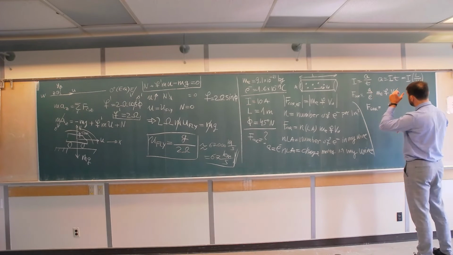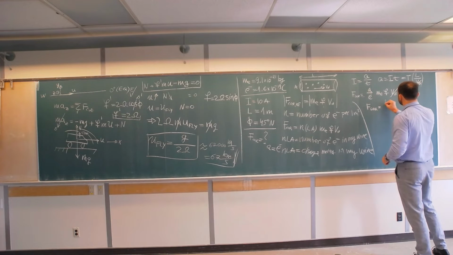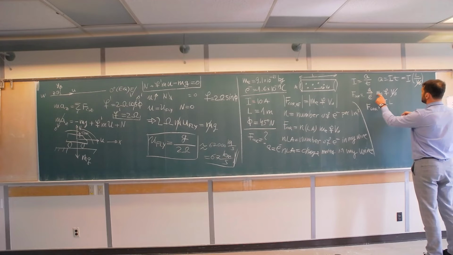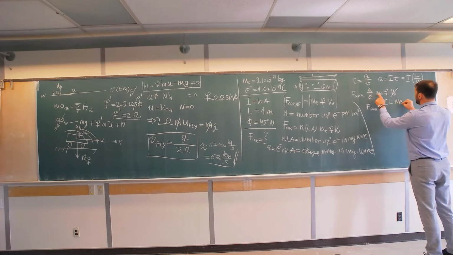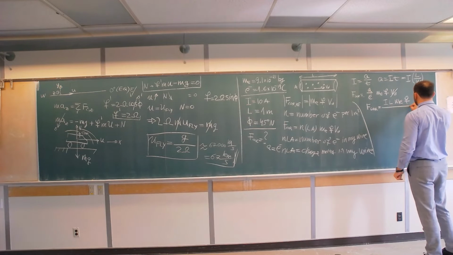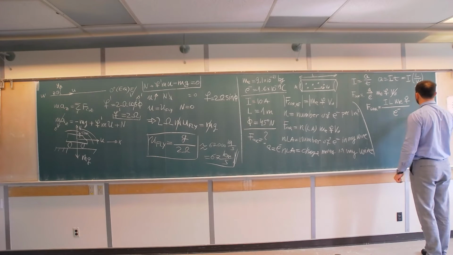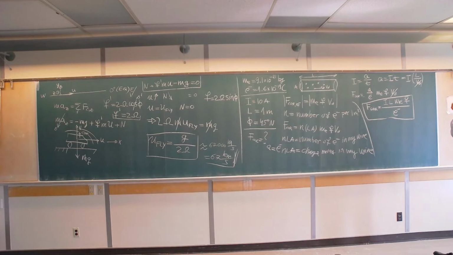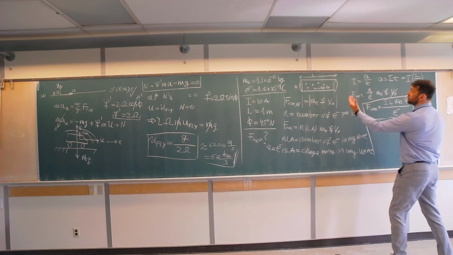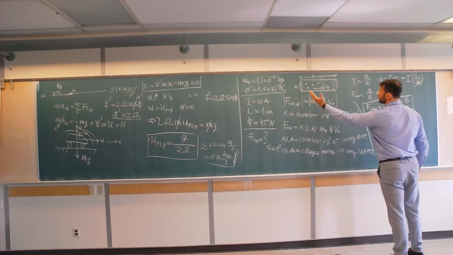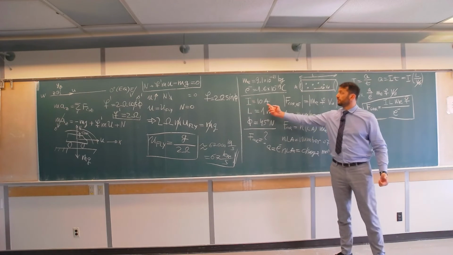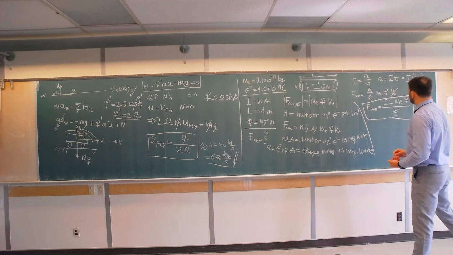And I will have here I times L times mass of electron times Coriolis parameter divided by the charge of one electron. And this is the Coriolis force exerted on this wire due to motion of the electrons, namely due to the current of 10 amps going through the wire.